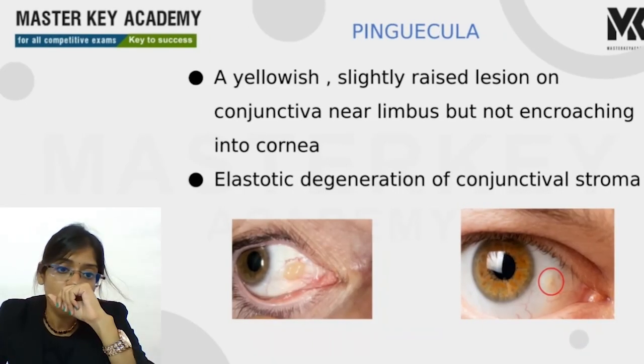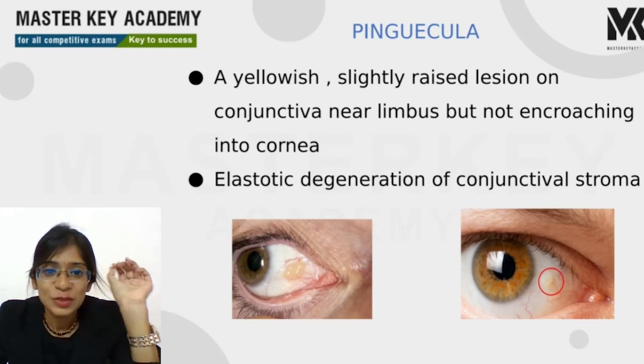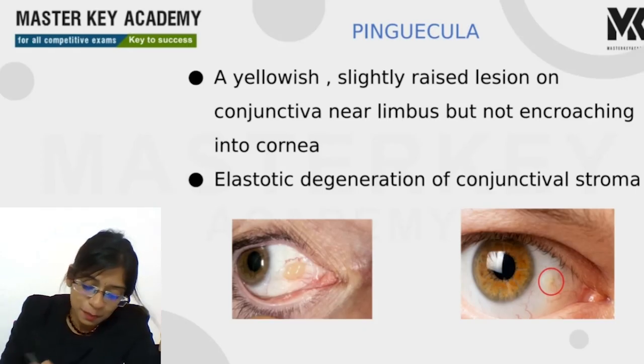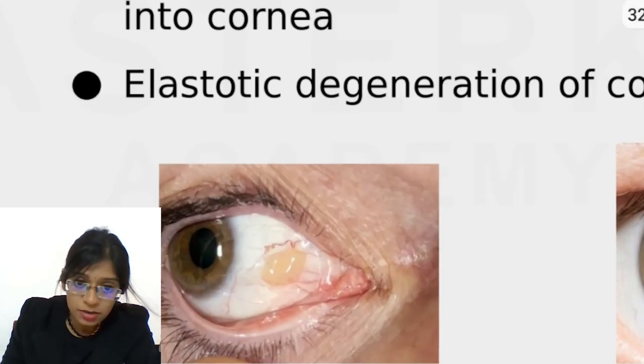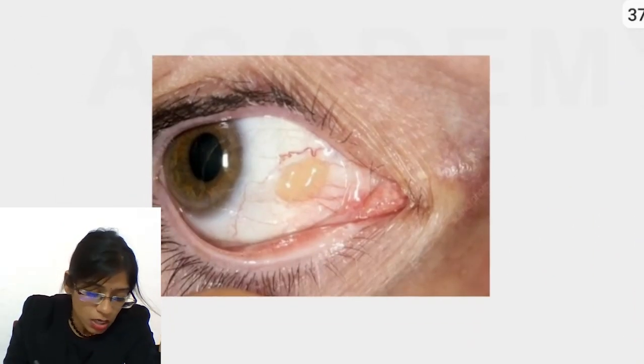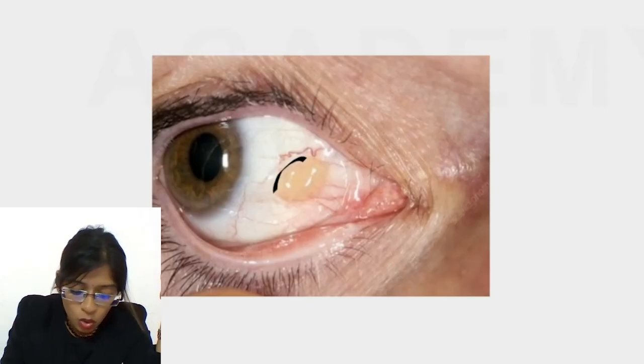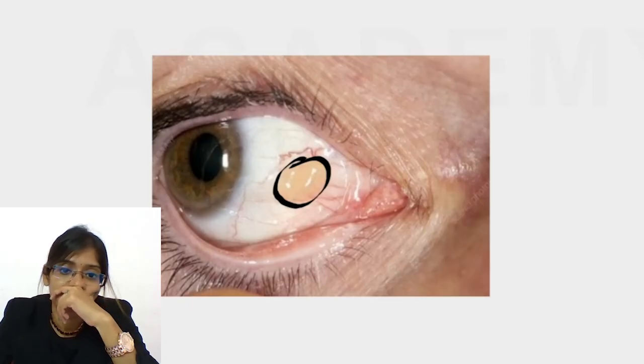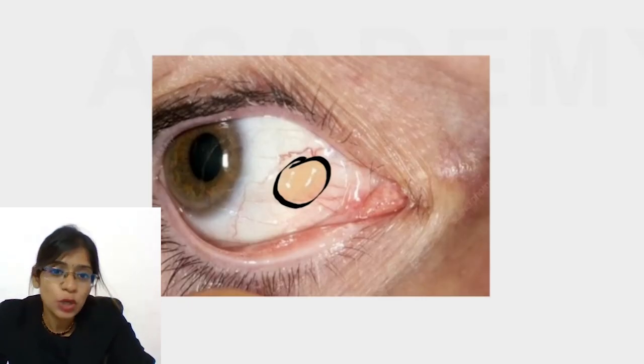Now we'll talk about pinguecula. Pinguecula will come as an image-based question in almost every paper in NEET PG. Can you see this picture here? A small yellow raised lesion on the bulbar conjunctiva, that is called pinguecula.